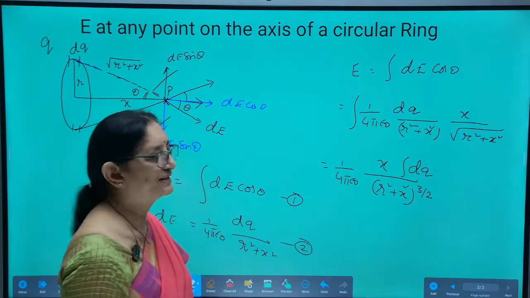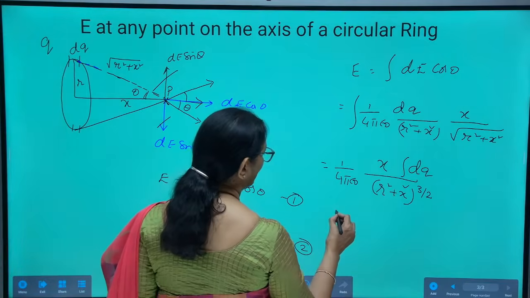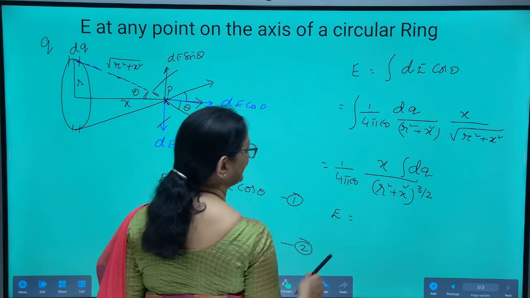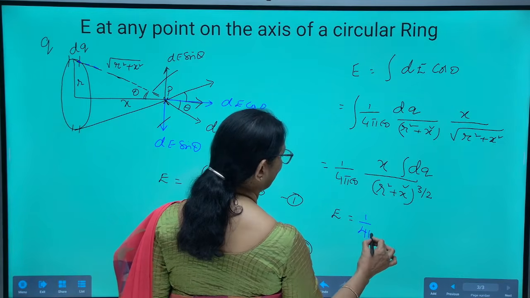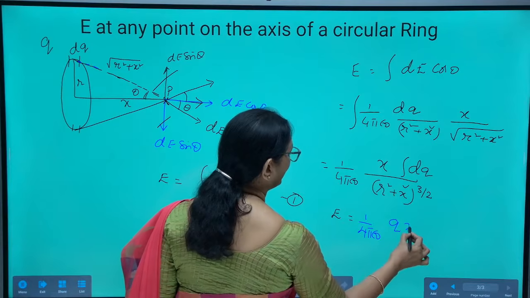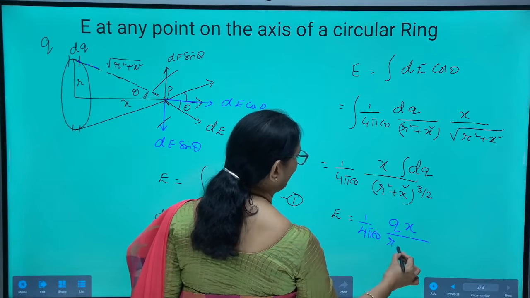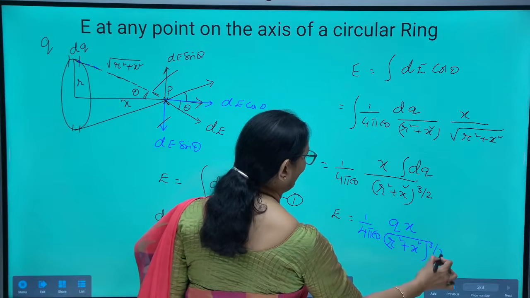Integral dq is nothing but the total charge on the ring. So, electric field intensity at any point on the axis of a circular ring is 1 by 4 pi epsilon naught, Q into x by r square plus x square to the power of 3 by 2.